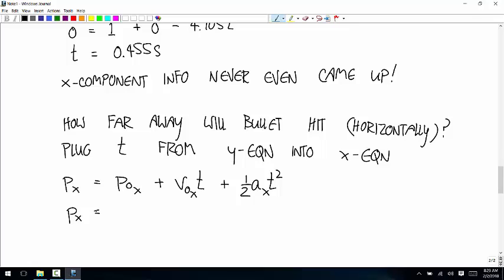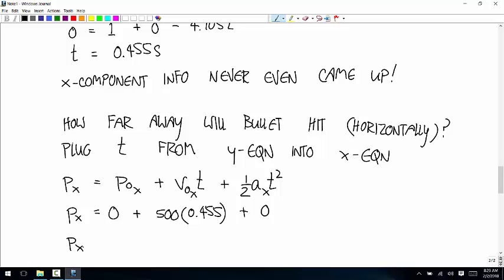P0x, what was that? 0. What was v0x? Yep, 500. t is 0.455. What's ax? 0, so this goes away.